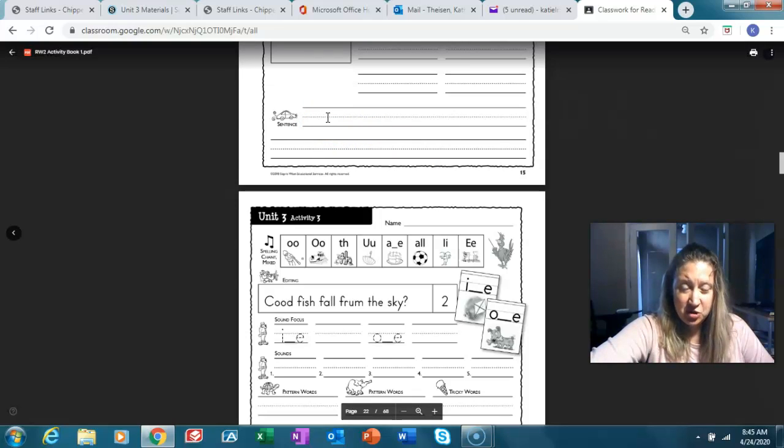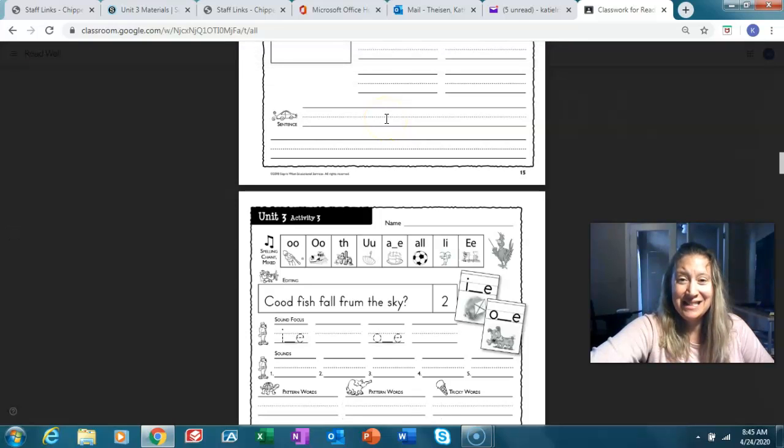So for the first one here, you should have a capital A, then a space, the word ball, B-A-L-L, space, the word did, D-I-D, space, the word not, N-O-T, space, the word fall, F-A-L-L, space, the word from, F-R-O-M, space, the word the, T-H-E, space, the word sky, S-K-Y, and a period at the end of your sentence.